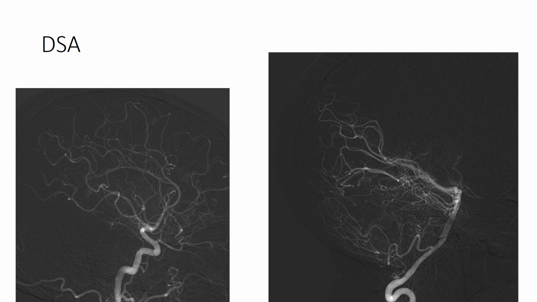Okay, good. Now the last modality of angiography is the digitally subtracted angiography, or what is called a conventional angiography. What is that? This is angiography using an X-ray machine. As with the previous CT angiography, the interventional neuroradiologist will insert a needle and give the contrast into one of the four major arteries of the brain. Okay, and he will take an X-ray. Now, why do we say it's digitally subtracted?